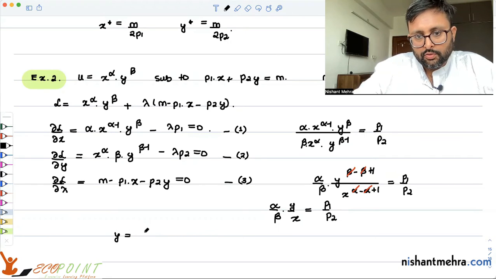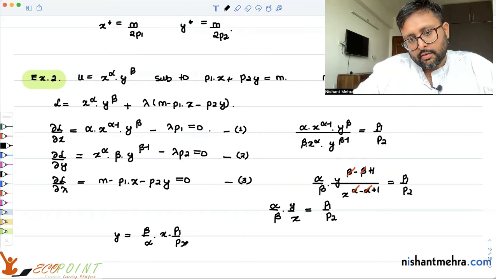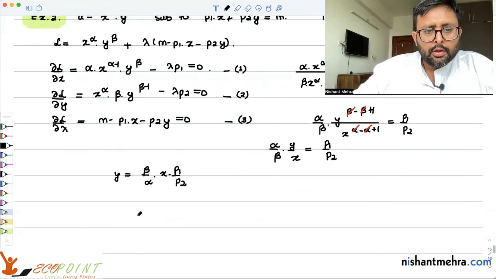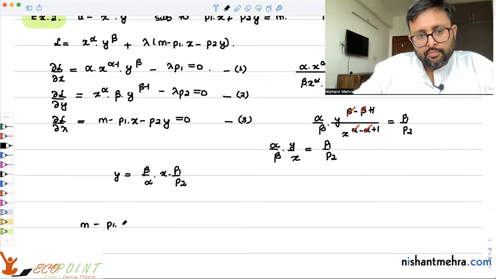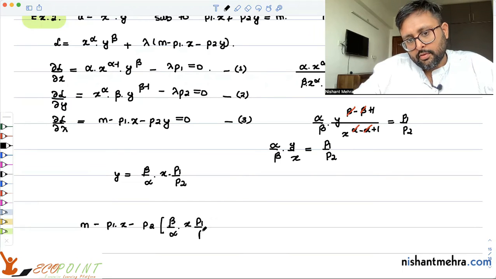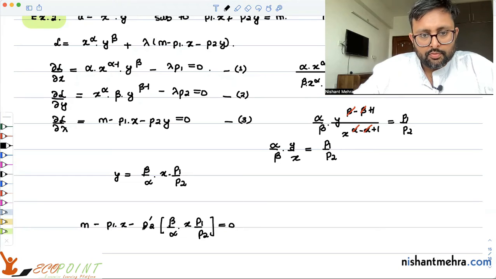So y equals to beta by alpha x p1 by p2. And I'll be substituting this y back into the constraint. In place of y, I can write beta by alpha x p1 by p2.